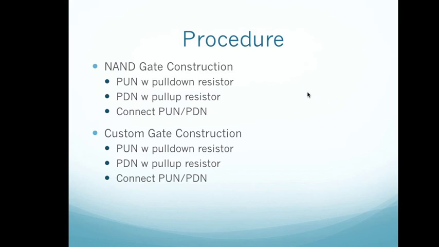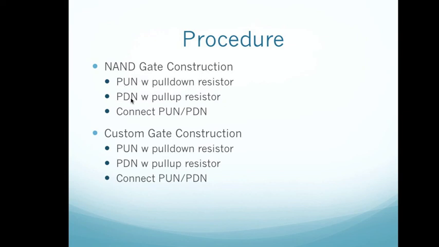So what's the experimental procedure for this week? Well, first you're going to build a standard gate, a NAND gate. And I recommend you first build the pull-up network and then just use a resistor for the pull-down. So the pull-up network is what you're working on testing. Once you run that through the full truth table and you verify that everything's working properly, then you're going to separately wire the pull-down network out of transistors with a pull-up resistor.